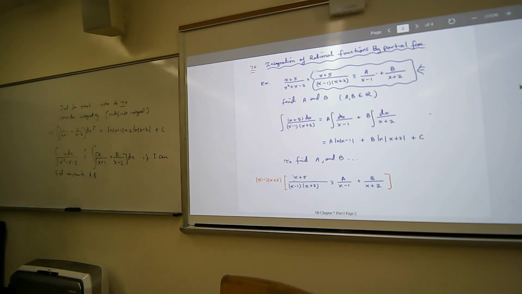Yes, you can. If you can find those constants, you're done. Because that's just A times ln of x plus 1 plus B times ln of x minus 2. And we could look with hindsight that A is going to turn out to be 1 and B will turn out to be 2. Do you guys see that? First of all, yes or no?